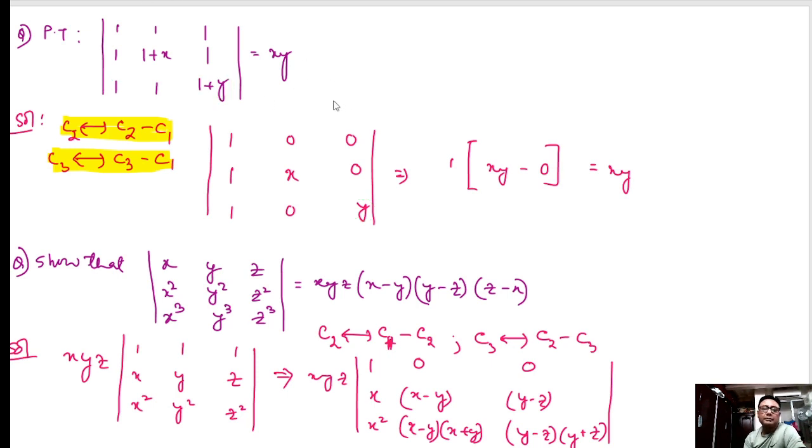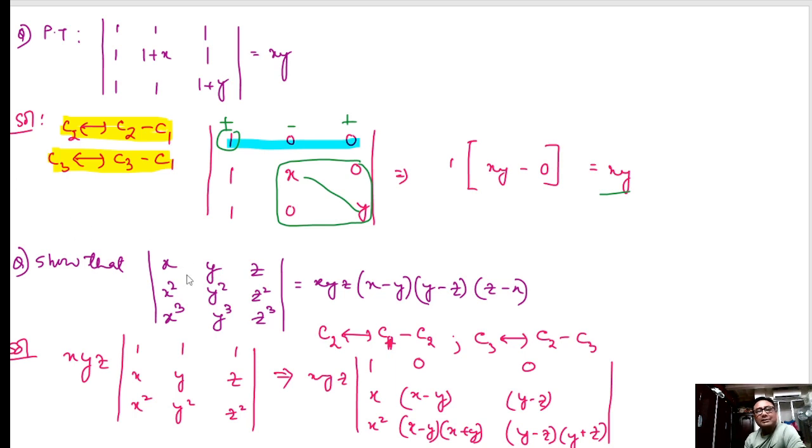And now we will expand along the first row. Plus, minus, plus. So if I take 1, I have to take this much, which is xy minus 0, xy, and that is the answer.